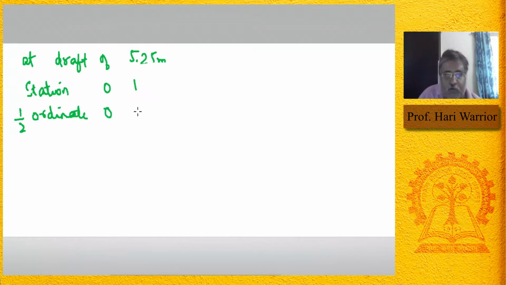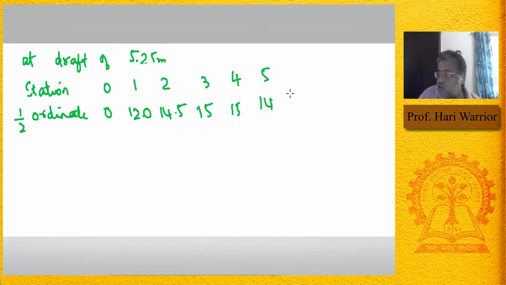You don't have to do it probably, but we have to get an idea of what this is at least. 2, 14.5, 3, 15, 4, 15, no, 5, 14, 6, 12, 7, 8, and 8, 3.5.